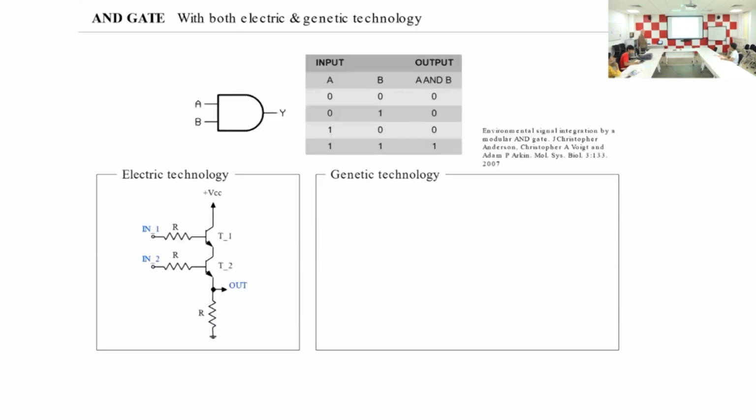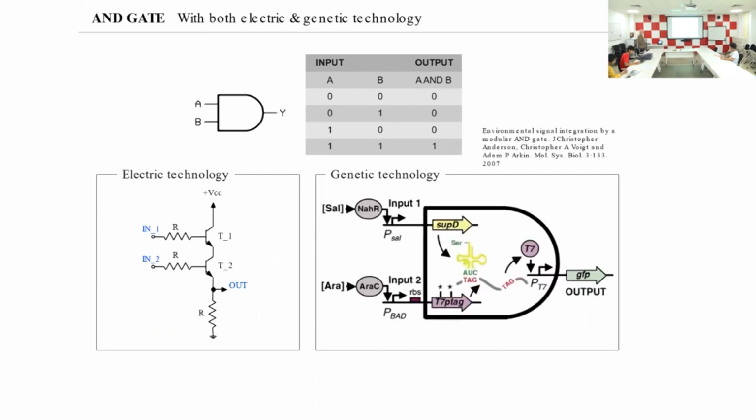Okay, you can then go on into more complex gates, and one that we have in fact studied in some detail in this course is this proposition of an AND gate that involves two inputs, and you need the two inputs to have an output.